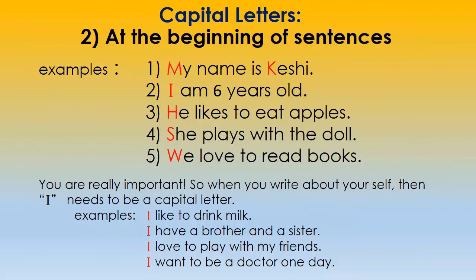I like to drink milk. I have a brother and a sister. I love to play with my friends. I want to be a doctor one day. So there, I needs to be a capital letter. Alright, children, keep it in your mind.